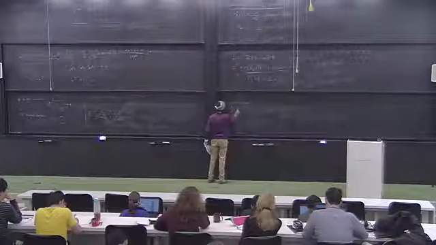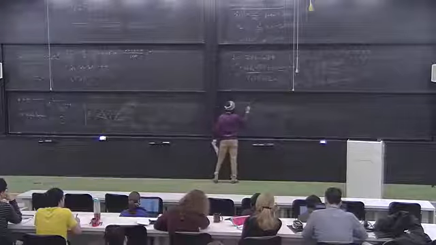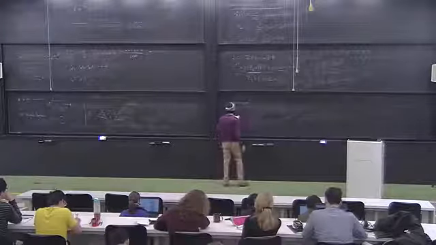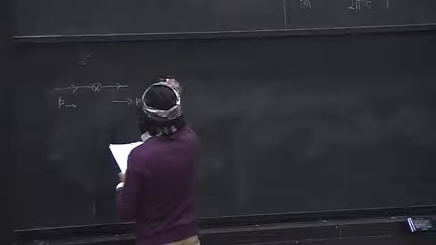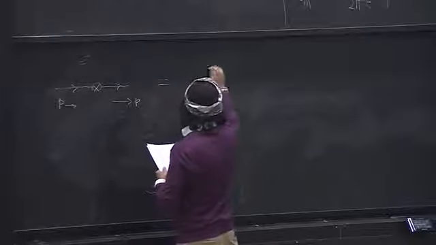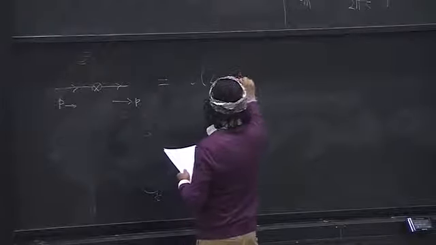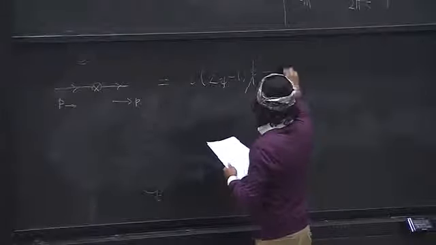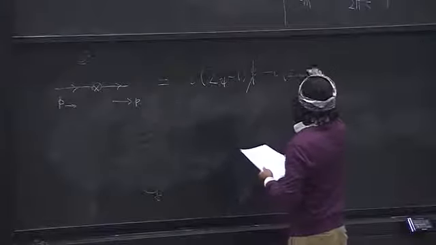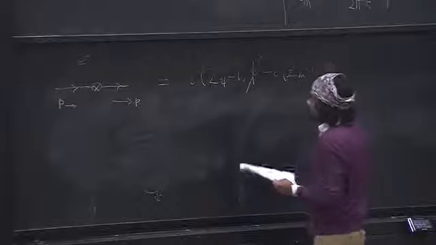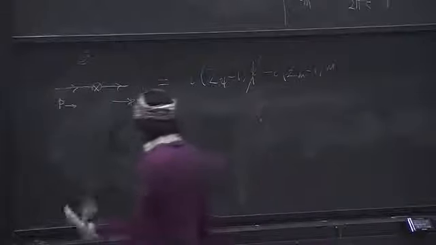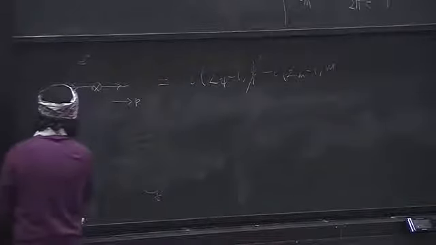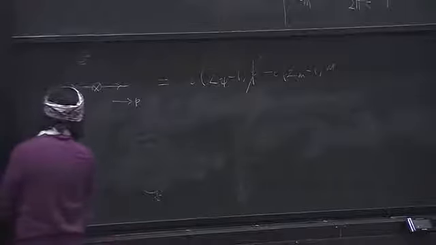If your incoming momentum is p and outgoing is p, then you write i(Z_ψ minus 1)p-slash minus i(Z_m minus 1)m.